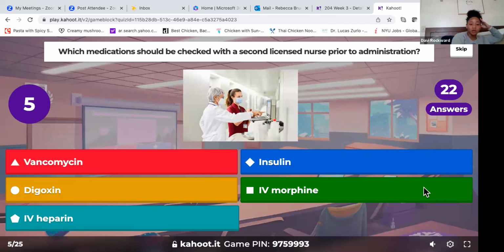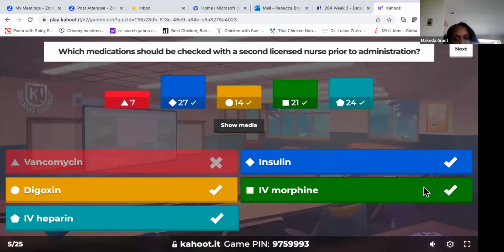This one was hard. So all of them except vancomycin. Vancomycin does not require a co-signature, but your IV narcotics, all of them do. Insulin, IV heparin, any anticoagulant, and digoxin.